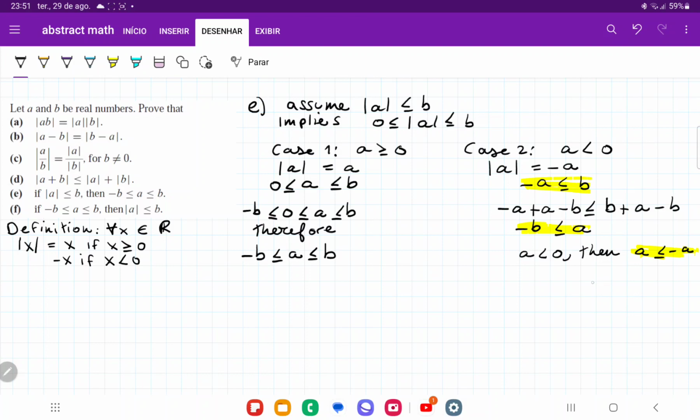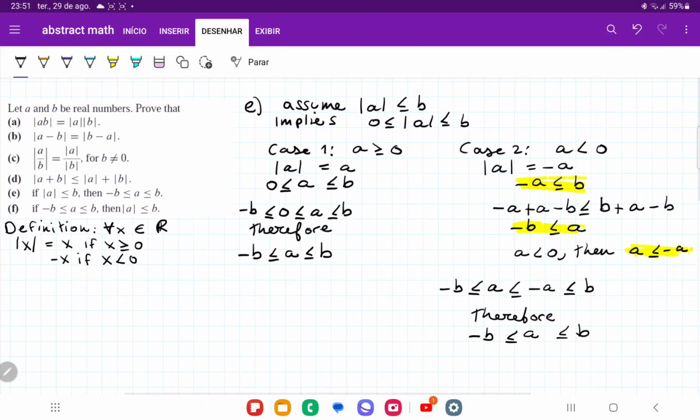So the biggest one is B, which is greater than or equal to minus A, right? Which is greater than or equal to A, which is greater than or equal to minus B. And so, therefore, we're just going to cut out the minus A. Therefore, we can say that B is greater than or equal to A, which is greater than or equal to negative B. And so we have shown here that in both cases, our conclusion is true.